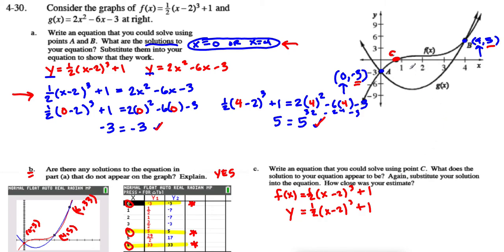Okay, our point C here, what do we know about point C? Do we know what its coordinates are? The x-coordinate looks like it's somewhere between 0 and 1. So we could say, approximately maybe 3/4. We could say our x-coordinate's about 3/4 of the way there. We don't know if that's right, but we can just say that's an estimate there.